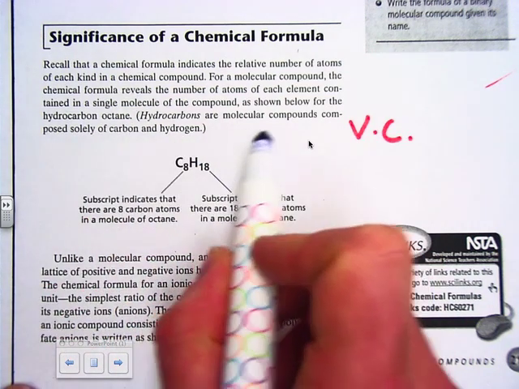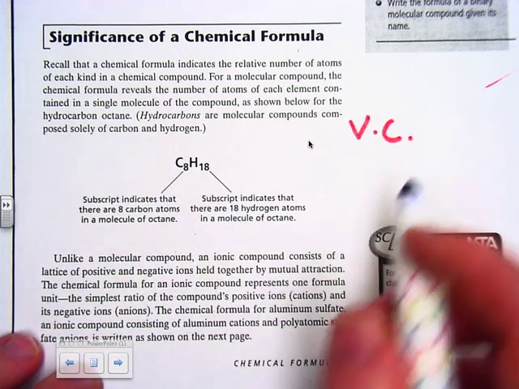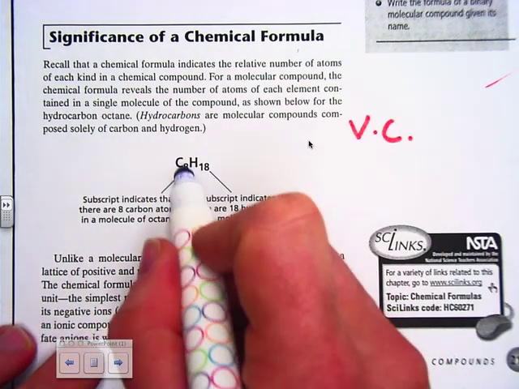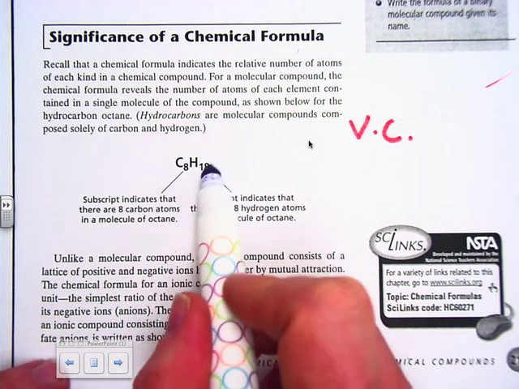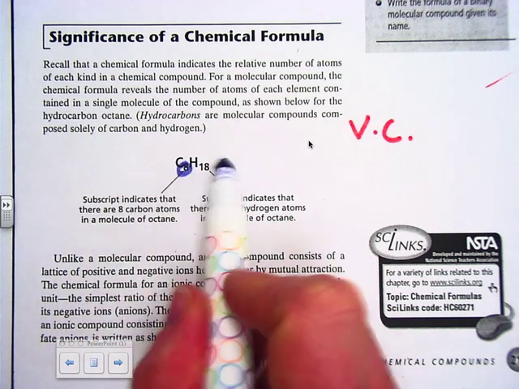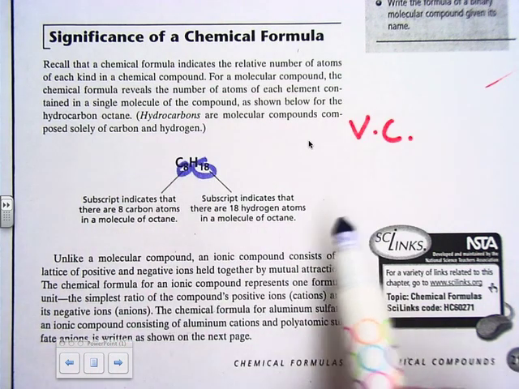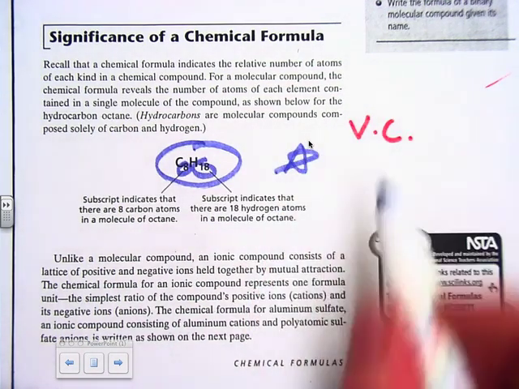Hydrocarbons are molecular compounds composed solely of carbon and hydrogen. So basically what this means is that there are 8 carbons and 18 hydrogens in this molecule. That's what these numbers represent. That sounds like a good quiz question. What do the subscripts represent?